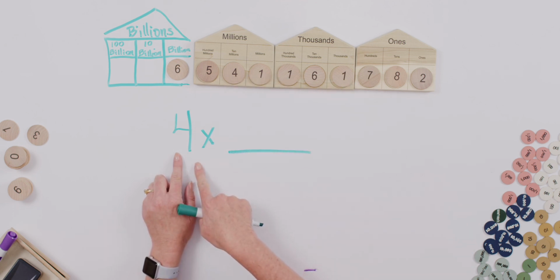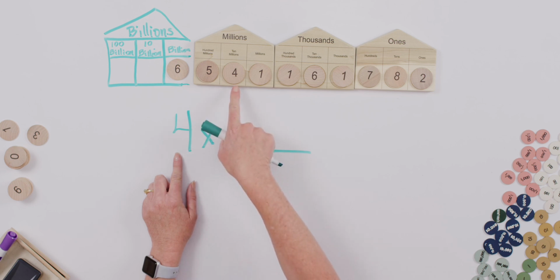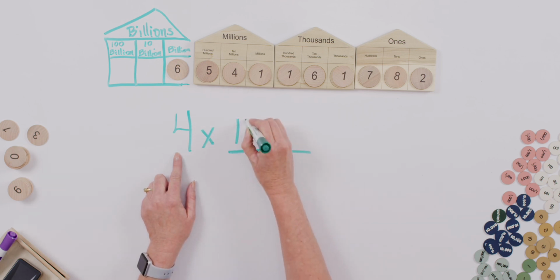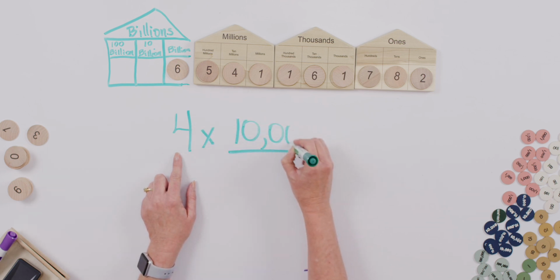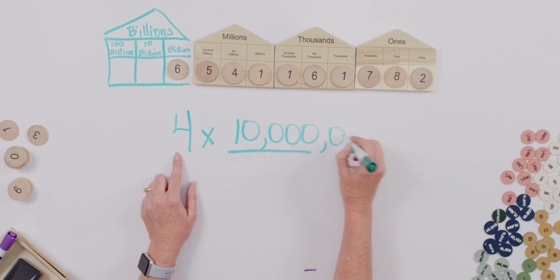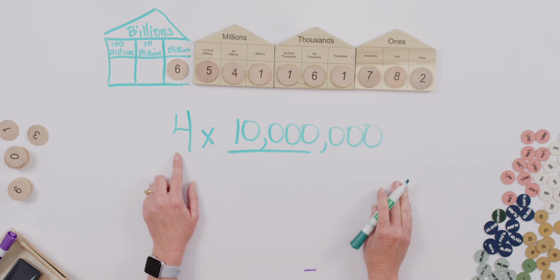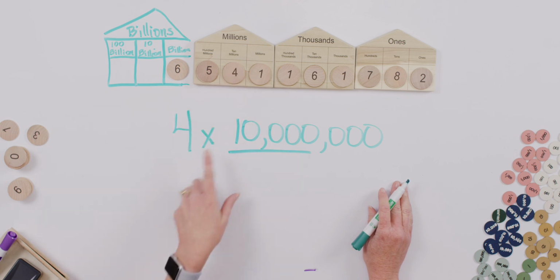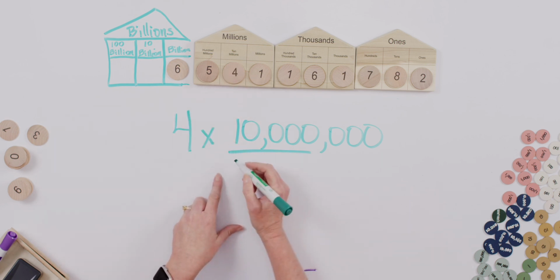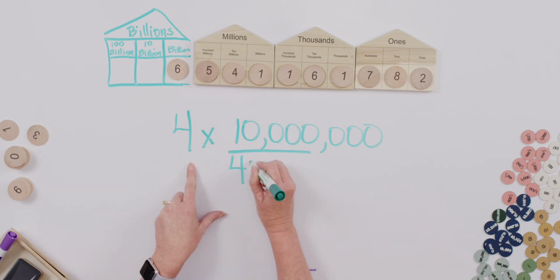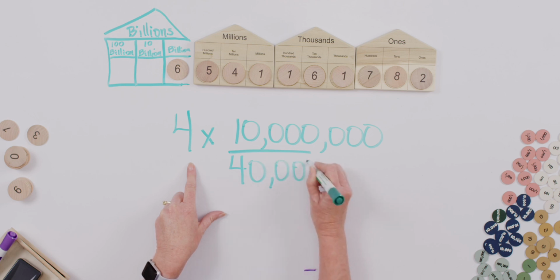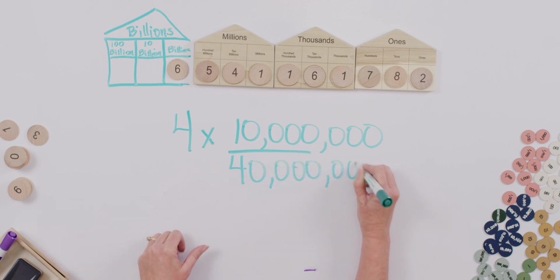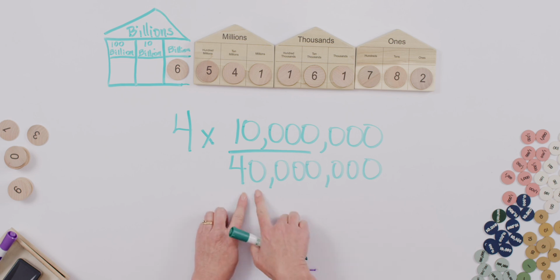We'd multiply our 4 by 10 million. Okay, and we can see that with our 4, if we multiplied it by our 10 million, it would equal our 40 million, which we already wrote out in expanded form, but we can see that up there.